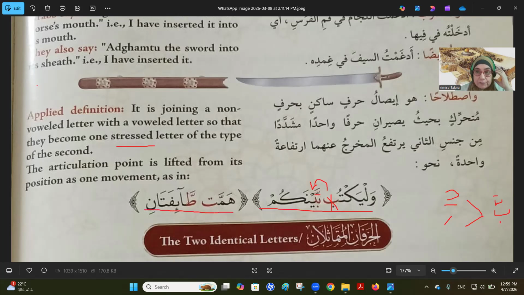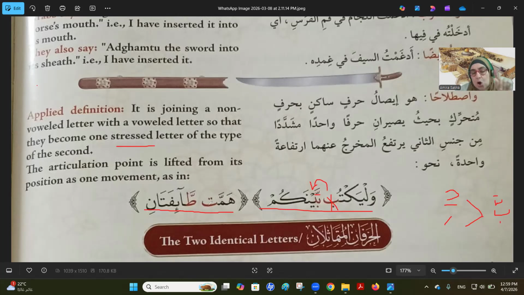Here I also have full merge. Those letters are not identical like here, where they are identical, same, متماثلين. But here the ta and the ta are not identical.